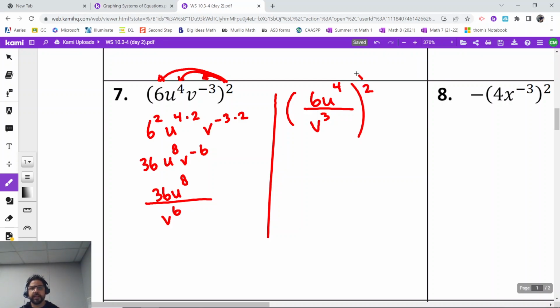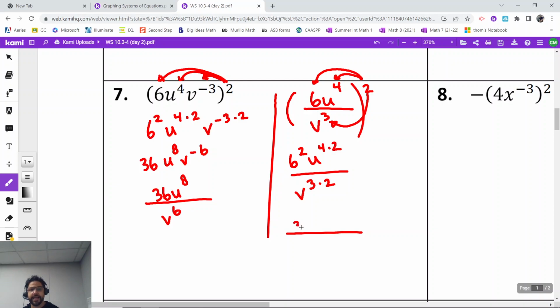I'm going to write it like this. So that gives me a 6 squared. My u, same thing, it's u to the 4 times 2. Don't forget about the v, which is at the denominator, and that again is 3 times 2. Putting it together, we're going to get the exact same answer as what we did on the other method.